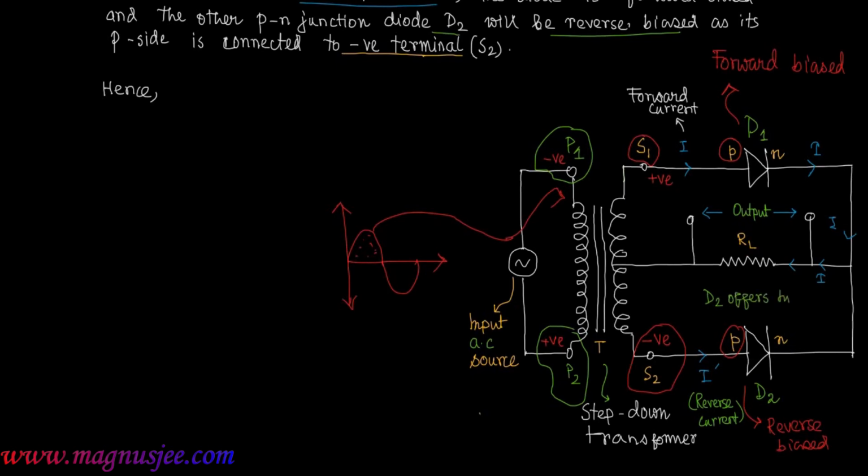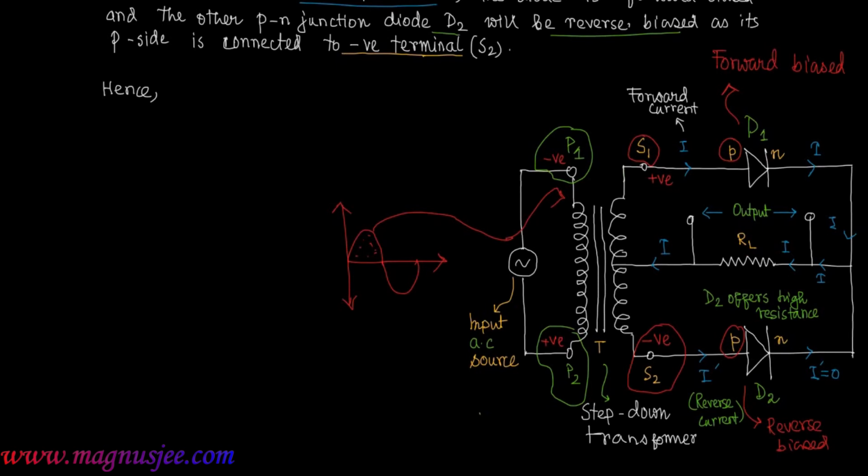It offers very high resistance against the reverse current. That's why this reverse current I prime will be 0. It will not pass through the diode D2. The diode D2 blocks the reverse current. And here obviously which current will be flowing? I will be flowing. I prime will not flow, and a cycle is completed.